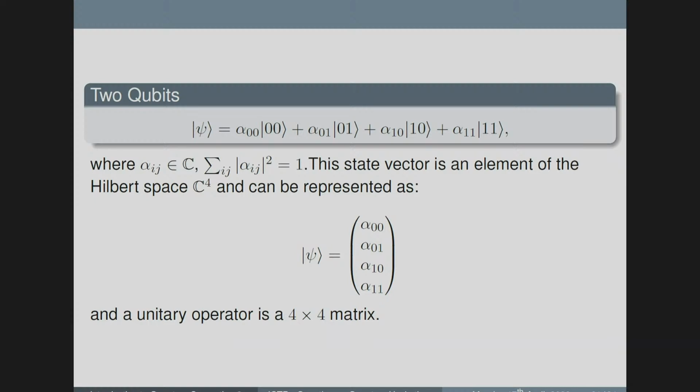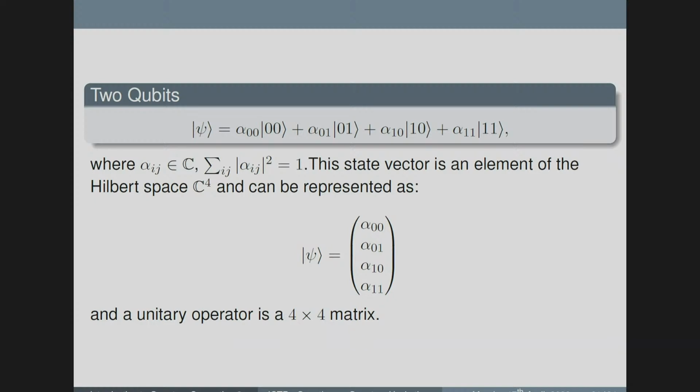Each of them has a probability amplitude assigned to it. Again, this is your wave function. If you square your probability amplitudes, you get the probability out. Again, you have your bracket notation here. This is your column vector, and your unitary operator is now a 4 by 4 matrix, okay?